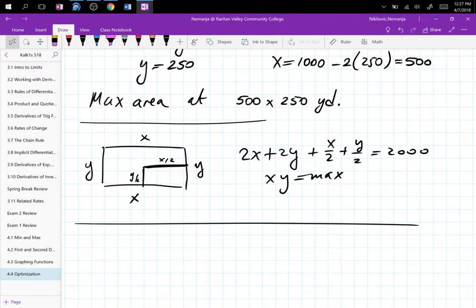Let's take a look at the one that I had for my Calculus 3 that you can also solve by Calculus 1.